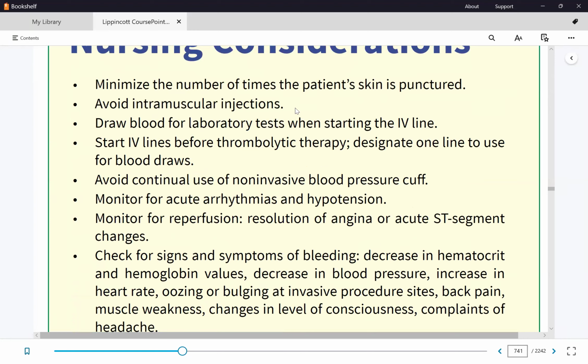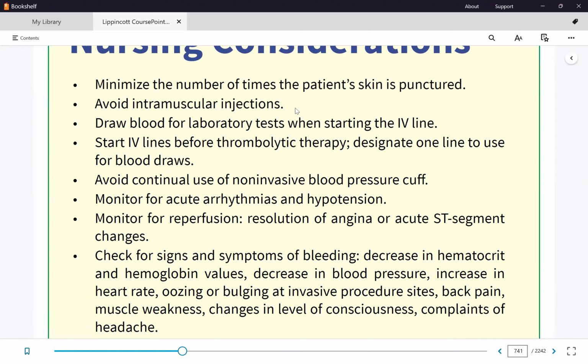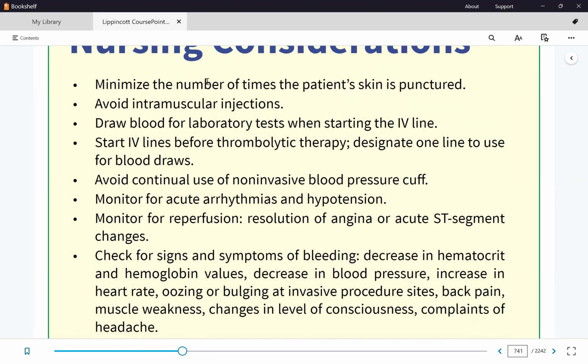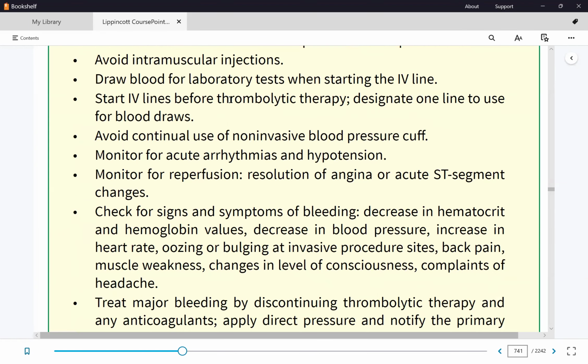Because TPA's number one complication is bleeding or hemorrhage, it would make sense that these are your interventions. You prevent and watch for bleeding, because we can't absolutely prevent bleeding. There will be some patients who will bleed, but the important thing is you catch it early. So prevention would be no unnecessary needle sticks anywhere.